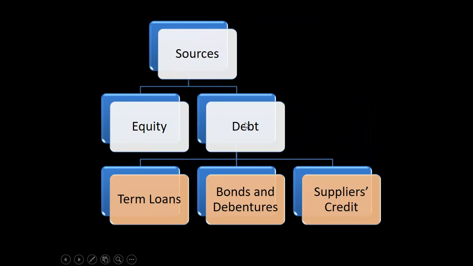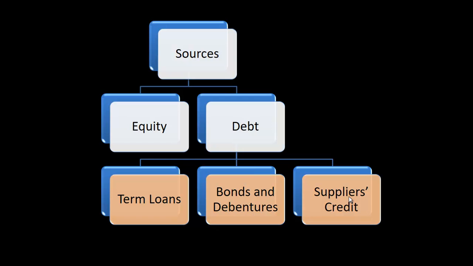Similarly, debt, which is also known as a liability, is money belonging to an outsider. It can be in the form of term loans, can be raised by issuing bonds and debentures, or even supplier's credit can become a type of liability.